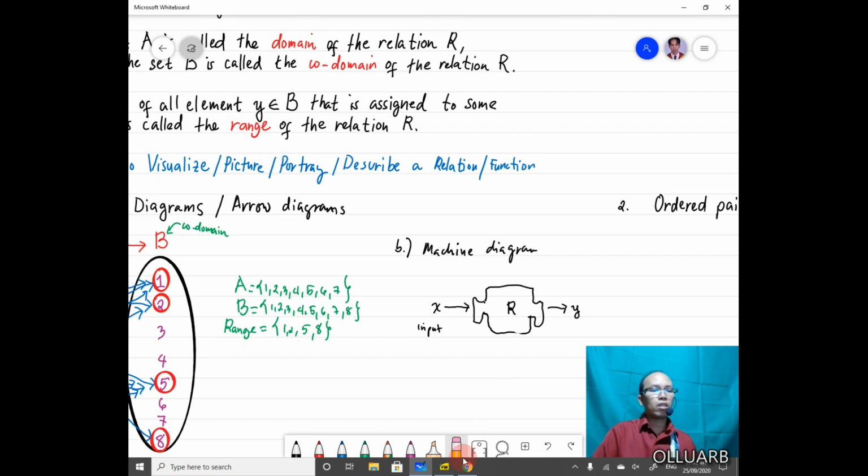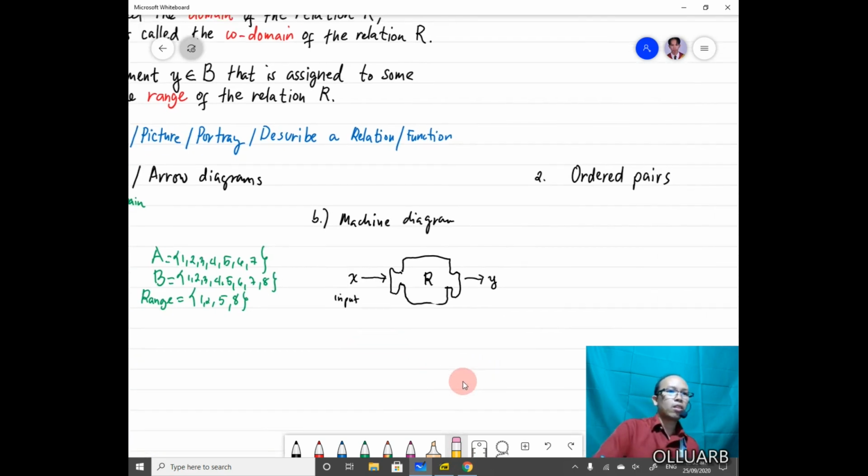So you can imagine that this is our output. This object here is an element of the domain, whereas the objects here are called the output, which is the element of the codomain.